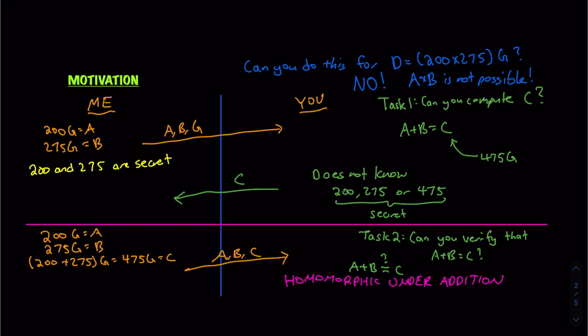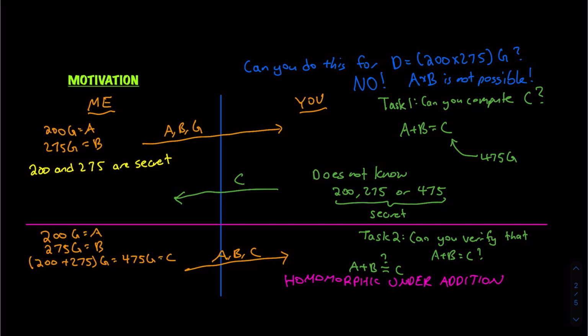Now, as a side note, if something is homomorphic under addition and multiplication, we say that this is fully homomorphic, which is a popular term that you may have heard of. It's a field that's undergoing a lot of research, especially for applications such as private machine learning. Anyways, back to our example. It's sad that I cannot give you A and B and you can't calculate D for me.